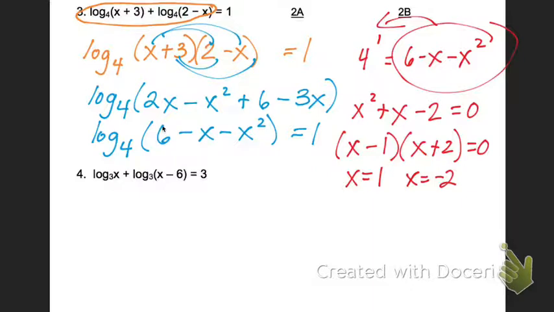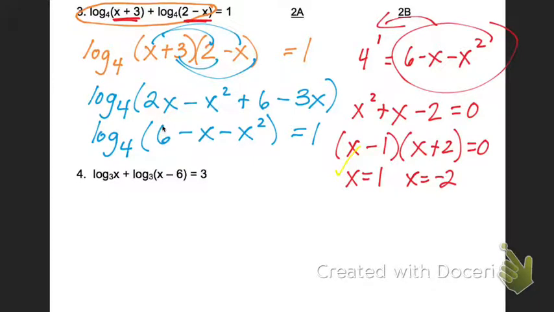Would both of these work? How I tell is I look inside these parentheses right here. If I plug in 1, I get positive answers because 1 plus 3 is 4, 2 minus 1 is 1. So the positive 1 works. And the negative one will sometimes work, depending on whether it's still positive inside the parentheses when I plug it in.